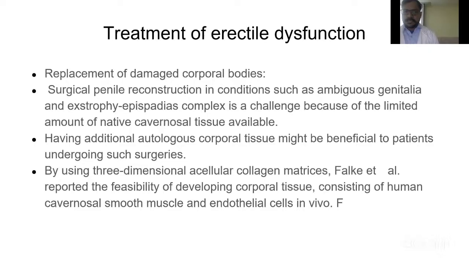Having additional autologous corporal tissue might be beneficial to patients undergoing such surgery. Using a 3D acellular collagen matrix, studies reported the feasibility of developing corporal tissue consisting of human cavernosal smooth muscle and endothelial cells in vivo.